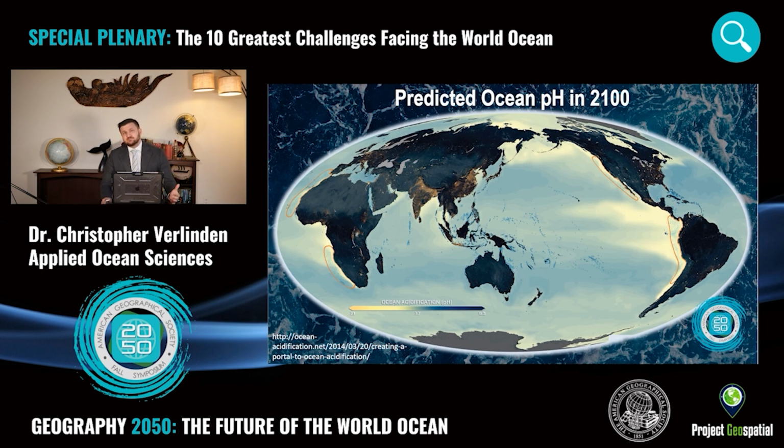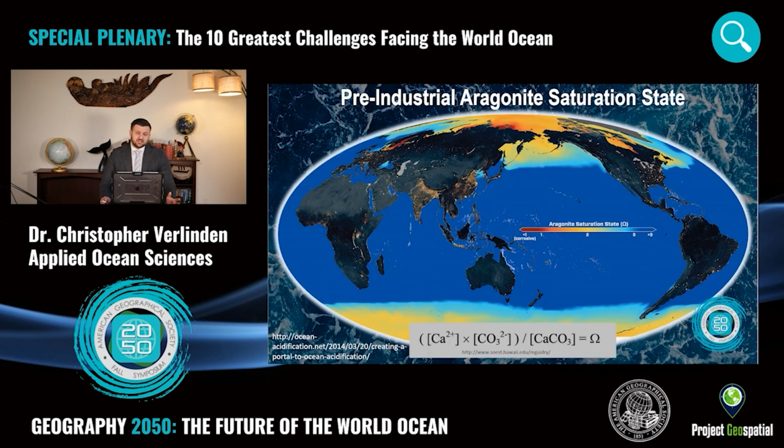And this is perhaps best represented by a measure called the aragonite saturation state, which you can see from this equation is basically the concentration of free calcium and carbonate ions divided by their equilibrium concentration. And what that essentially means is it represents a bioavailability of this type of calcium carbonate for chemical reactions such as organisms building their calcium carbonate shells or tests.